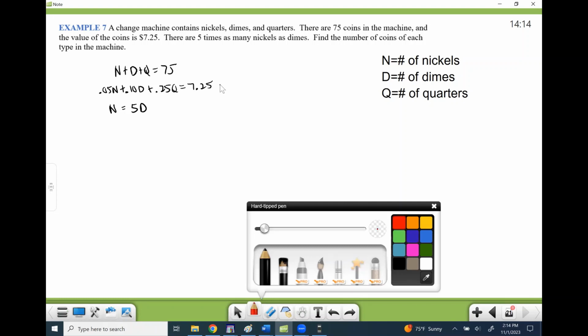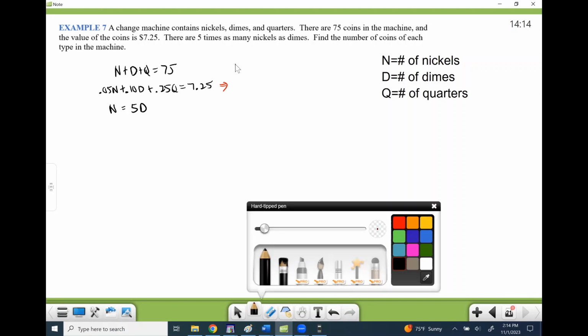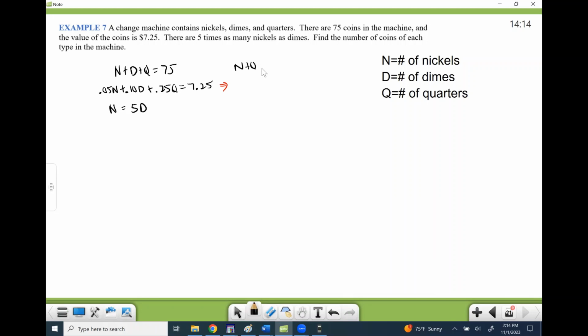So I'm going to move the decimal place twice in that middle equation, you guys. N plus D plus Q equals 75. If I move the decimal place twice, it'll be 5N plus 10D plus 25Q equals 725. So that way I don't have to deal with decimals.